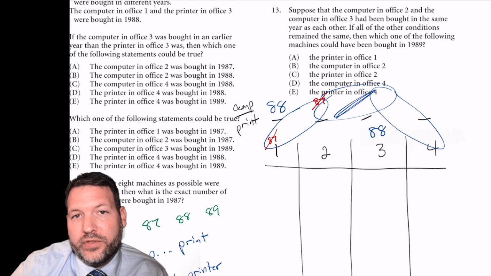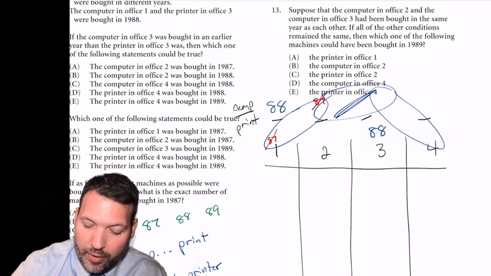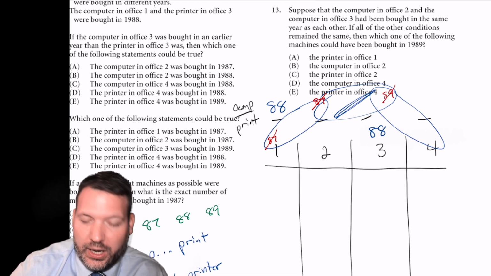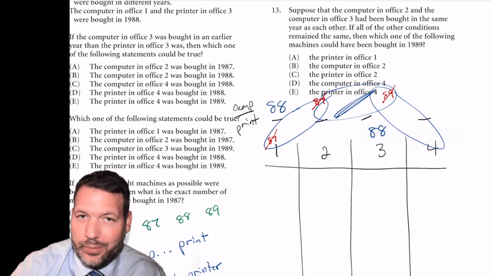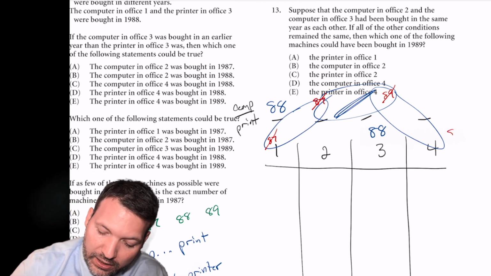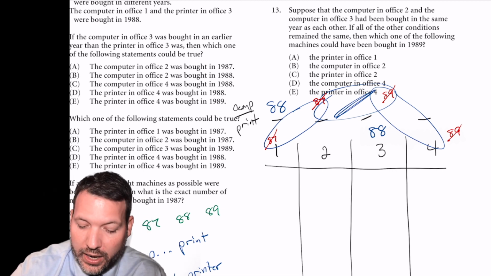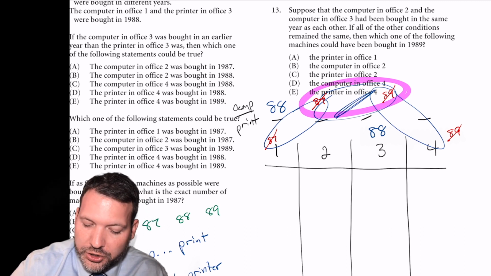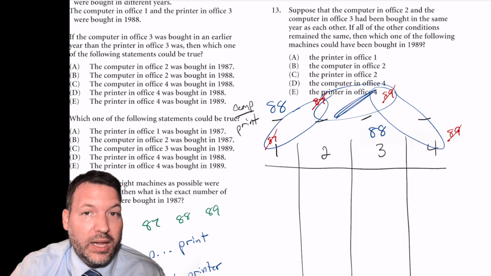In the same way, if the printer in Office 3 was bought in 1988, then that means there's no way that the computer was bought in 89, could be 88 the same year, or a previous year, 87, but can't be later, 89. And if that's not 89, then Office 4's printer cannot have been bought in 89 either. You might think, oh, what's going on up here with 2 and 3 not 87 and not 89? Can we say that they're both 88 or something?